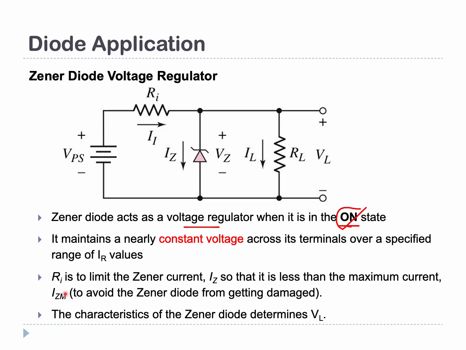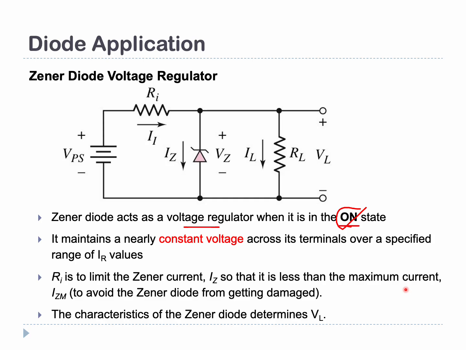Now let's look at the function of each component here. Ri, which is this resistance, has the function of limiting the Zener current, to ensure that the current flowing in the Zener is limited. Ri limits the Zener current Iz so that it is less than the maximum current.